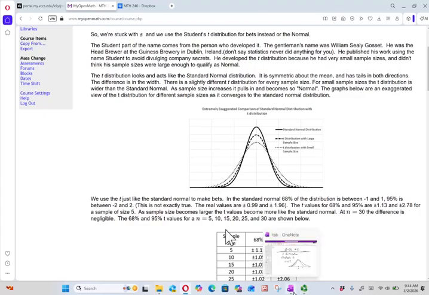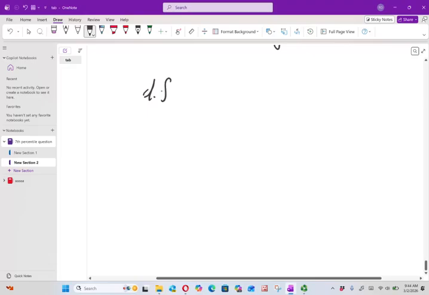Degrees of freedom, in this context, is equal to n minus 1. So if I have a sample size of 30, the degrees of freedom is 29. Right, there's different things that this comes into much later. But this is why, for the standard deviation, we use an n minus 1 divisor instead of an n divisor.